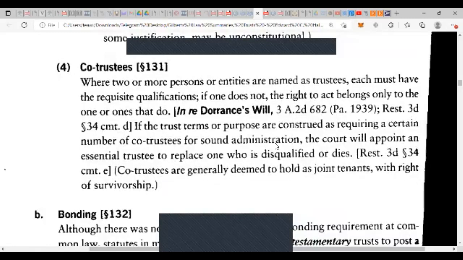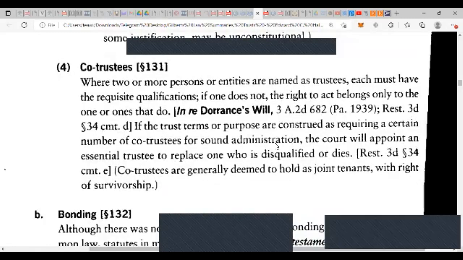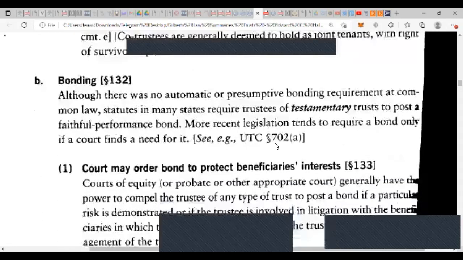Restatement Third, Section 34 comment d: if the trust terms or purposes are construed as requiring a certain number of co-trustees for sound administration, the court will appoint an essential trustee to replace one who is disqualified or dies. Co-trustees are generally deemed to hold as joint tenants with right of survivorship.